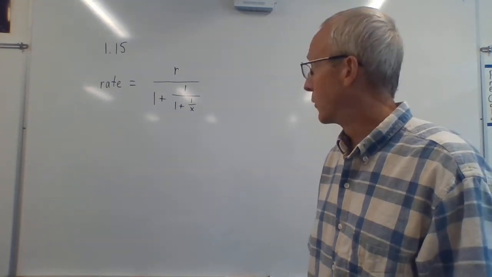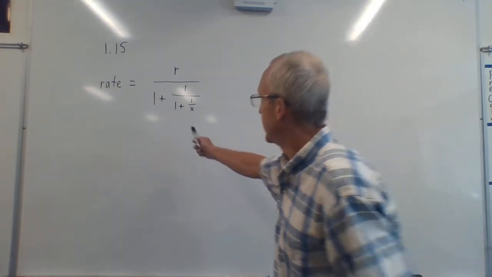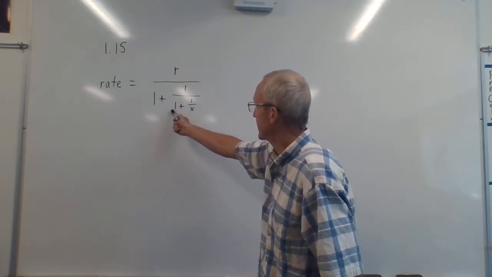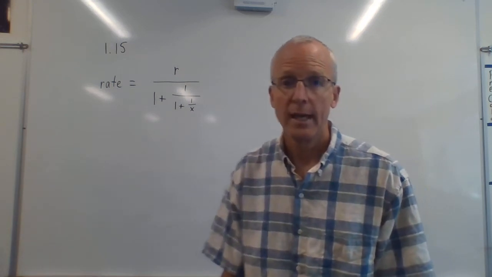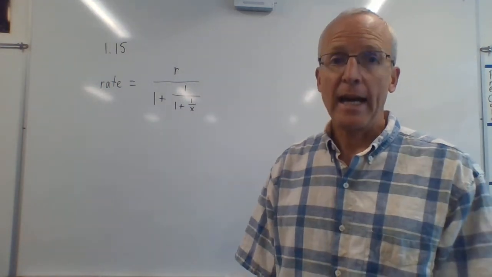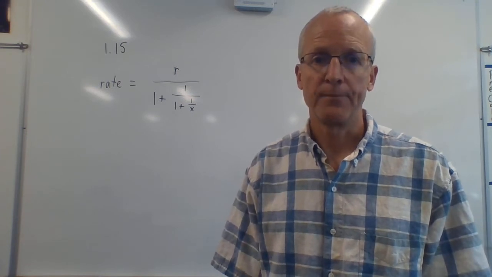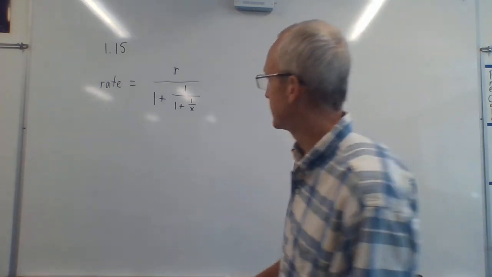Okay, so first we need to start at the very bottom here. That's where I would start. Let's simplify this thing, 1 plus 1 over x. And to do that, how do you add 1 to 1 over x? You find a common denominator. So I'm just going to break that out in steps here.